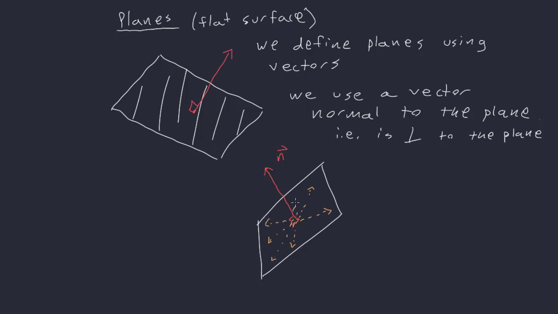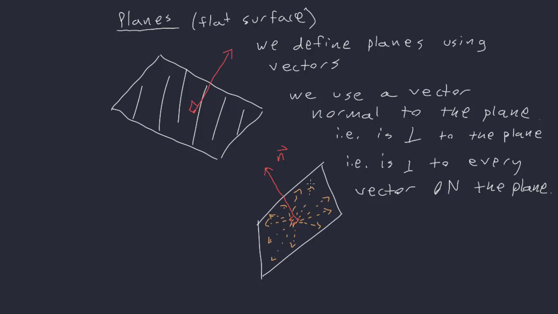So any vector I choose on the plane will also be perpendicular to N. Okay, so a normal vector and a point is all we need to define a plane.